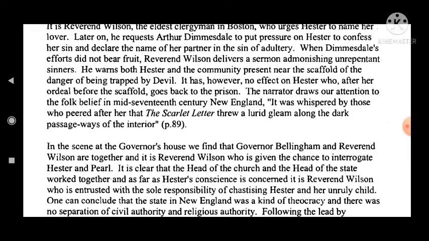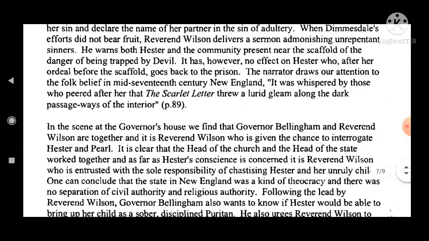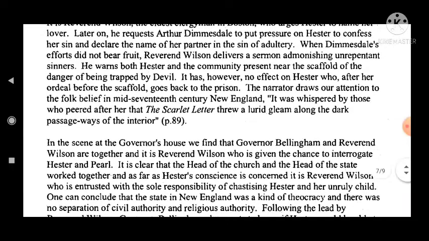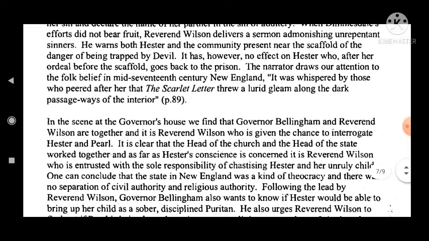When Dimmesdale's effort did not bear fruit, Reverend Wilson delivers a sermon admonishing unrepentant sinners. He warns both Hester and the community present near the scaffold of the danger of being trapped by the devil. It has, however, no effect on Hester, who, after her ordeal before the scaffold, goes back to the prison.